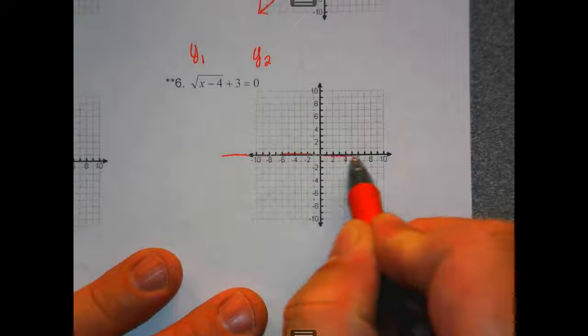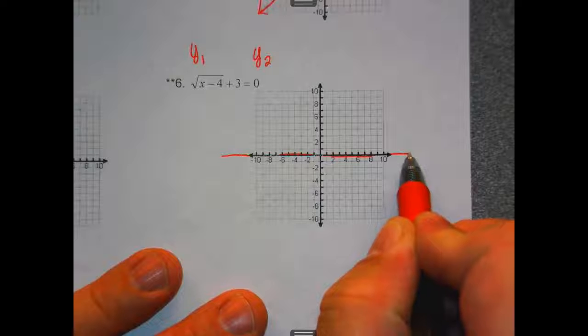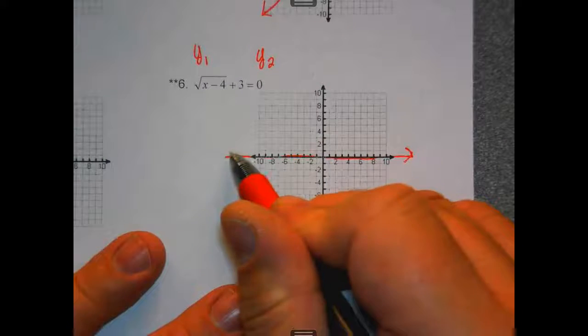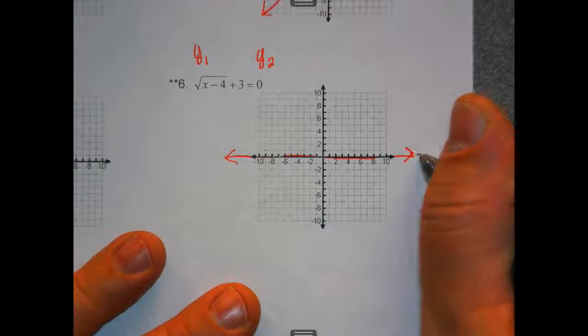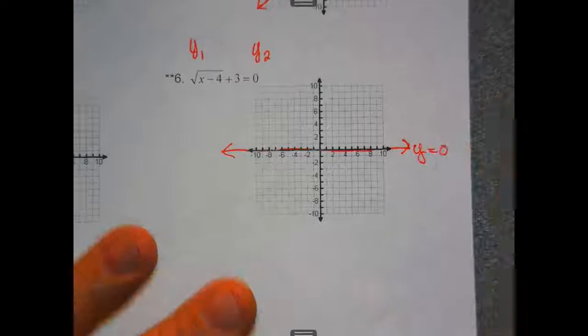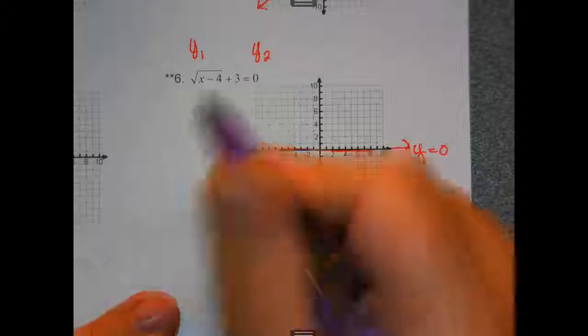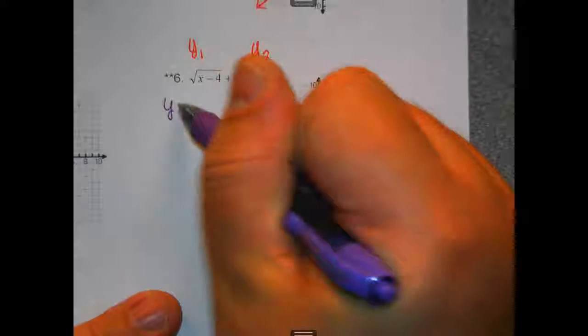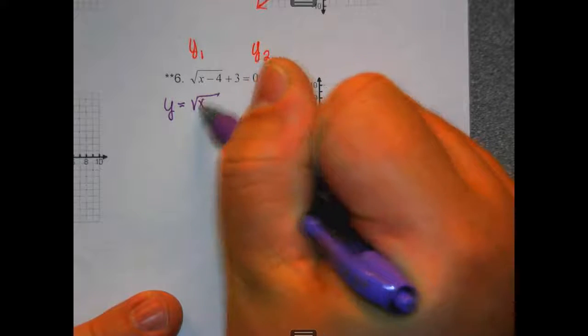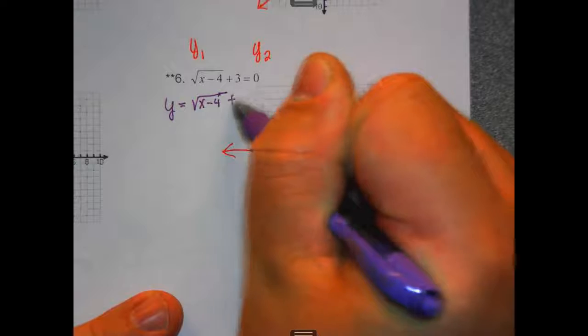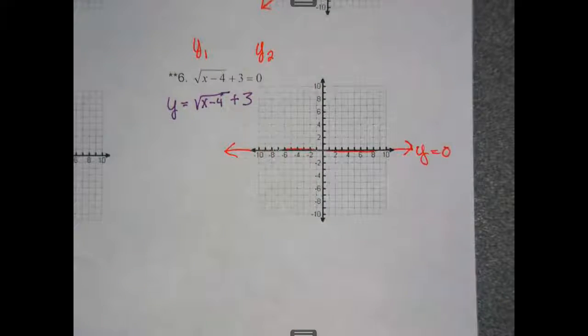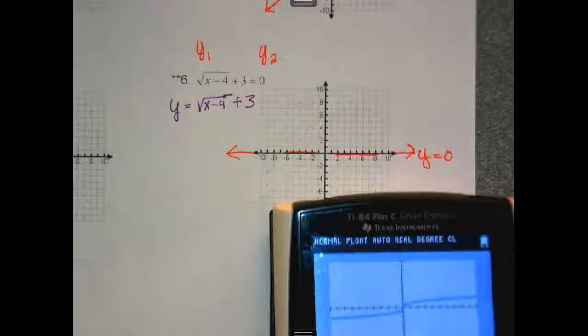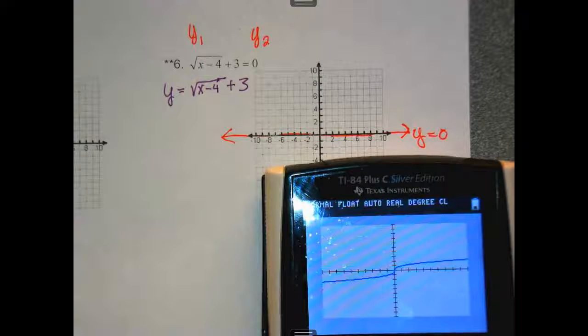Who said that? Good job, Nick. Kenny. Then I have to graph y equals the square root of x minus 4 plus 3. Okay, let's put that into our calculator.